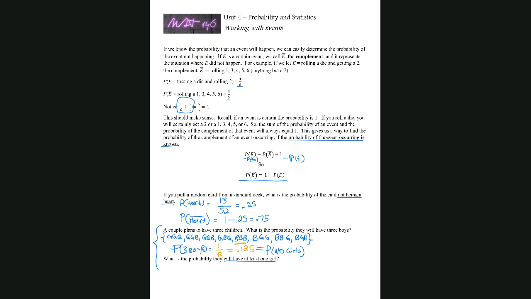So the probability of at least one girl, I can find that by taking 1 and subtracting the probability of no girls.